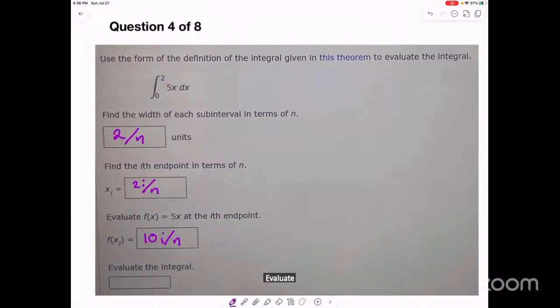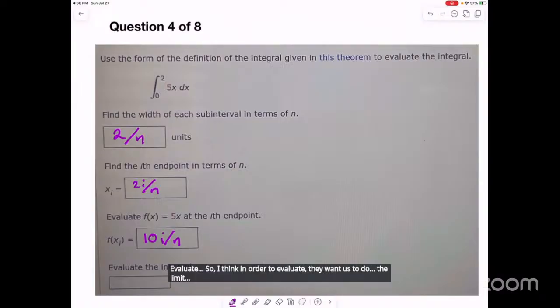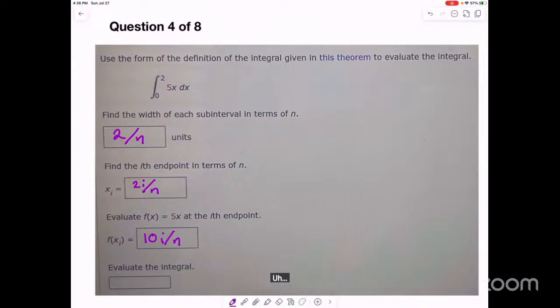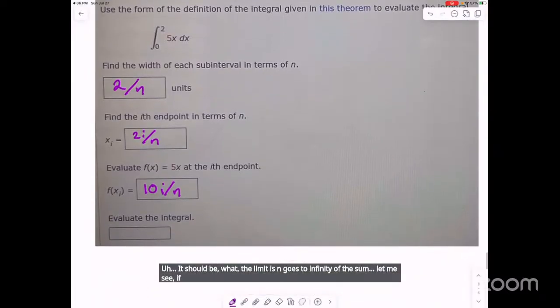Evaluate. So I think in order to evaluate, they want us to do the limit. I think it's similar to the previous. It should be the limit as n goes to infinity of the sum. Let me see.